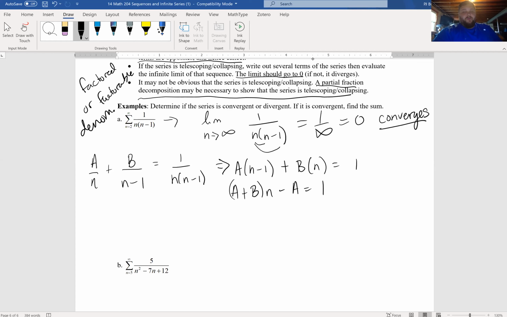There are no n terms on the right, so a plus b must be 0. And negative a is a constant, so it must equal 1. That very clearly tells us a is 1. Sorry, negative 1. And if that's the case, well, then that quickly tells us that b has to be positive 1.